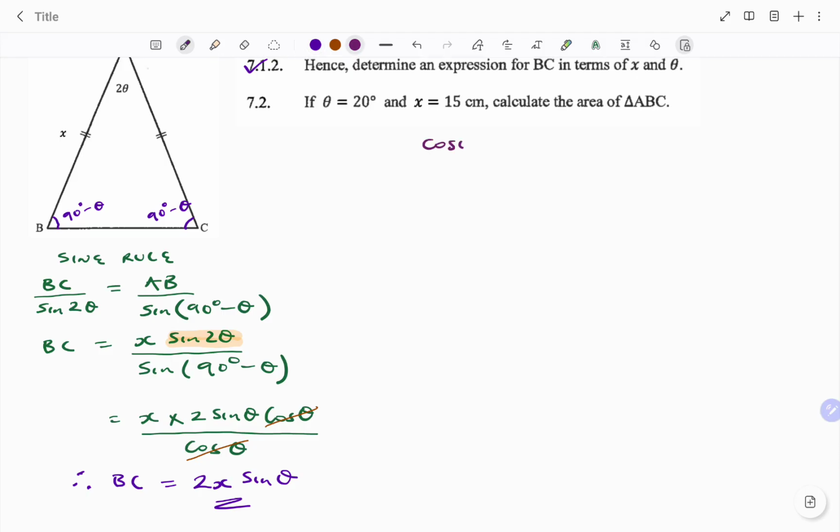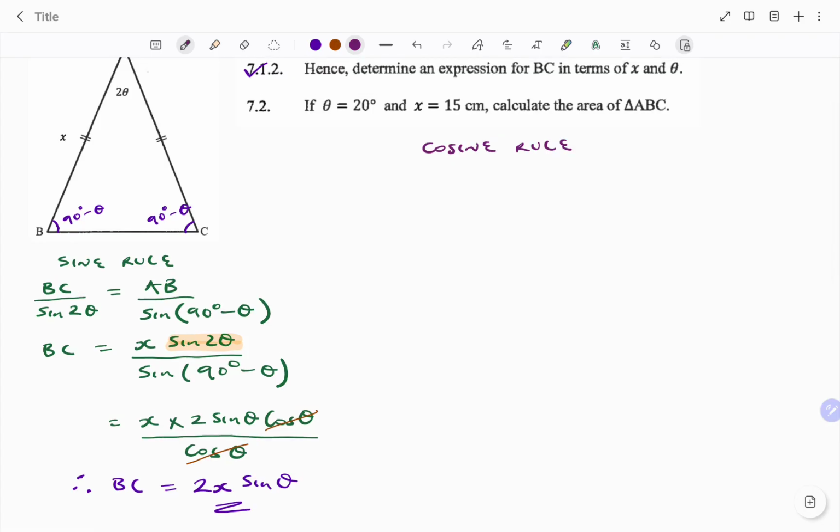Now I'm going to do the same using my cosine rule. That's the second method. Cosine rule states that using the side BC as my reference side, the angle facing my BC will be my reference angle. I start with BC squared equals the side AB squared plus AC squared minus 2 times AB times AC cos of the angle facing my line BC.